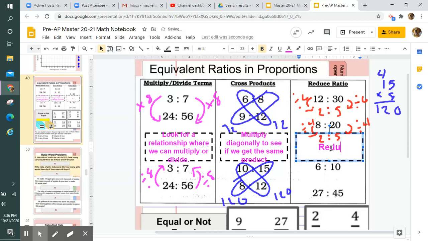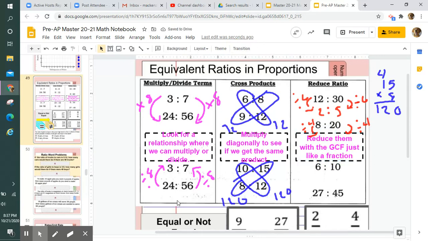We're going to reduce them with the greatest common factor, GCF, just like a fraction.